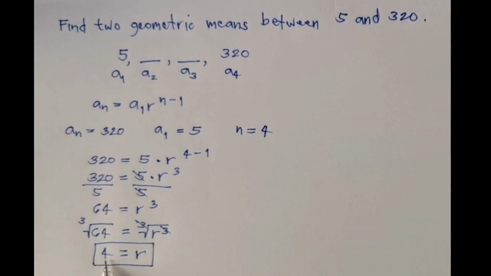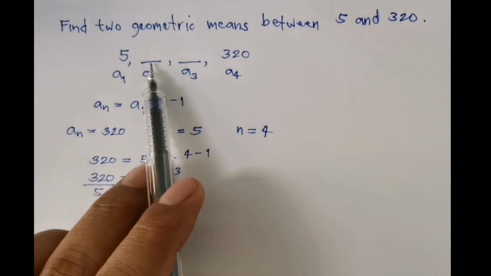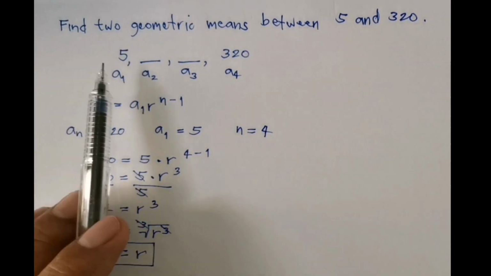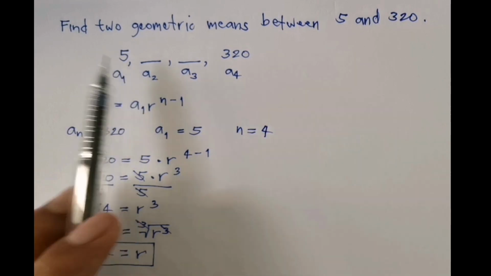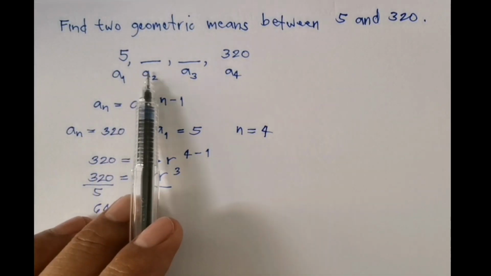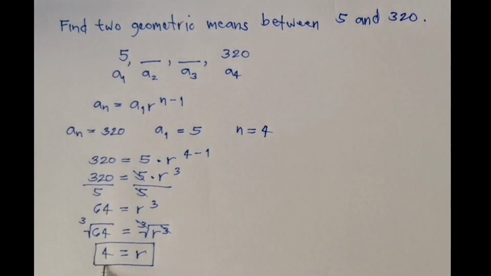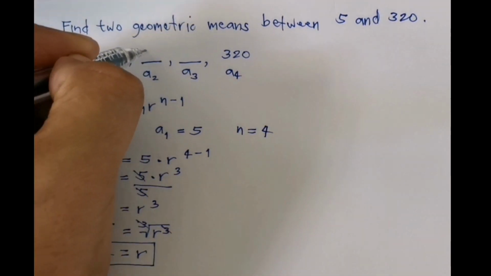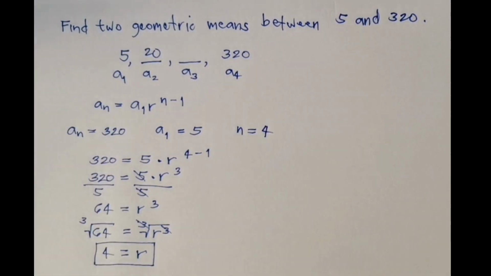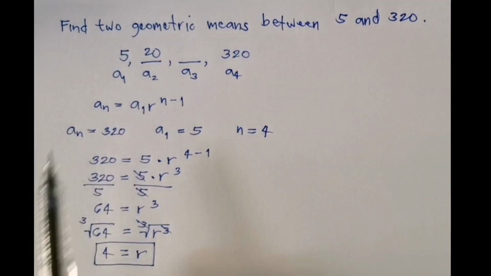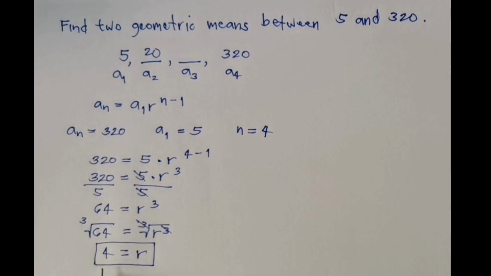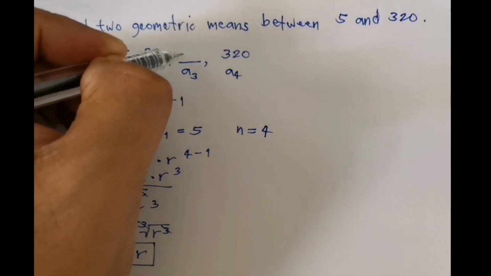Now that we have the value of the common ratio, we can supply the missing term. We'll just multiply the first term, or the preceding term, by 4 to get the second term. So 5 times 4 is equal to 20. Then, to get the third term, we multiply 20 by the common ratio, which is 4, that is equal to 80.